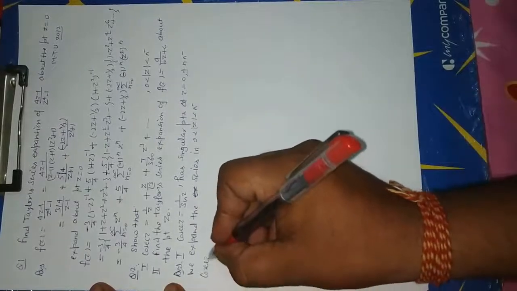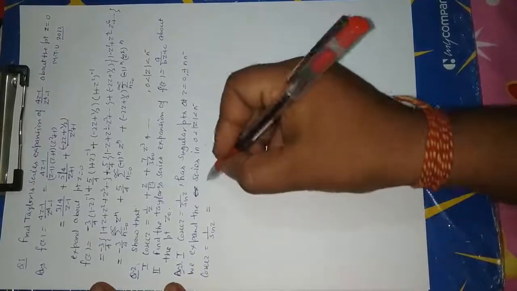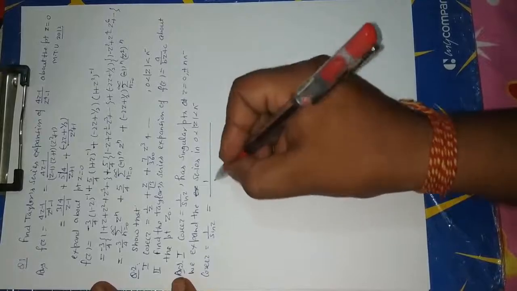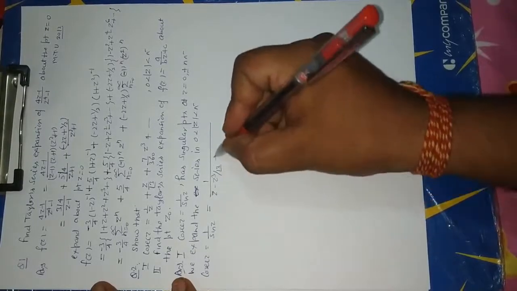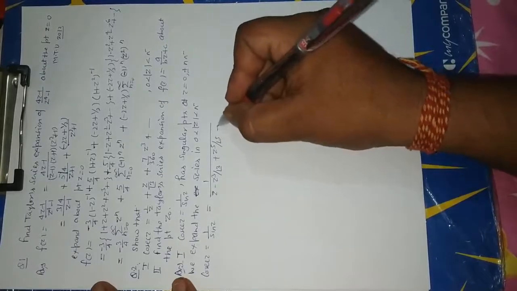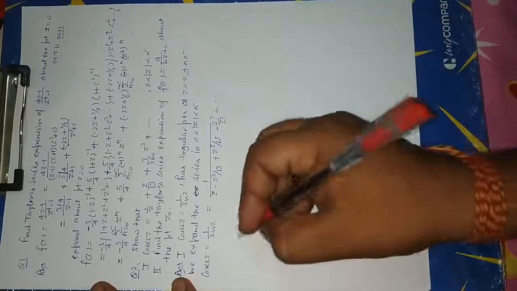Then cosec z equals 1 upon sin z. This is equal to 1 upon the expansion of the formula of sin z: z minus z cube upon factorial 3 plus z to the power 5 upon factorial 5 minus z to the power 7 upon factorial 7 plus up to dot.